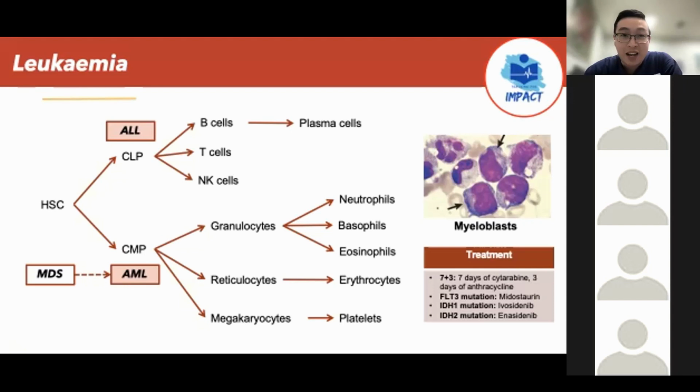RARA. Yeah, good. So it's translocation 15;17, and it results in the expression of a fusion protein called PML-RARA. The significance of PML-RARA is that it stops granulocytes from differentiating. And it results in these cells that have rod-like structures in them called Auer rods.